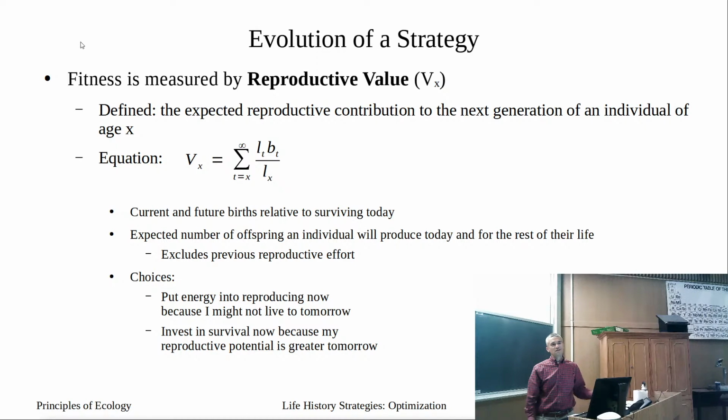So we have a new term called reproductive value. And this is how we measure fitness. The reproductive value is abbreviated V sub x. There's our sub x, because it means our reproductive value changes as we age.